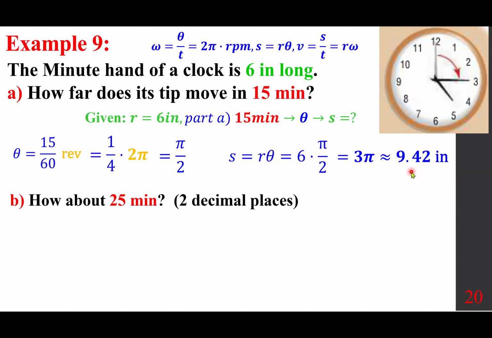Now, what about 25 minutes? Same methodology. We want to calculate the theta. Instead of 15 over 60 it is 25 over 60. Simplify it to 5 over 12 times 2 pi, and you get 5 pi over 6 radians.